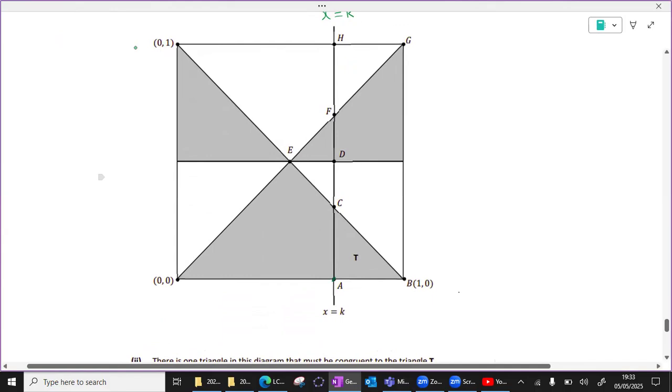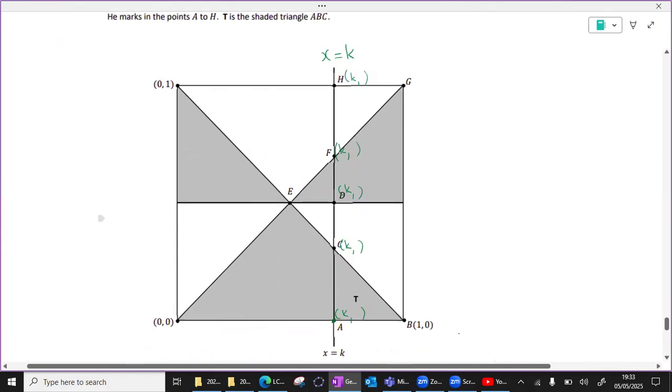So A, for example, would be k, something. This would be k, something. This is k, something. This would be k, something, and this would be k, something. So each of those would have to be k, something. For example, this one is the halfway. No, sorry, this would be 1 and then halfway.